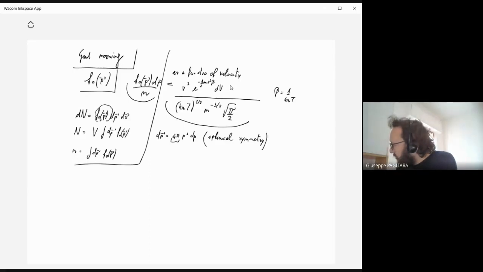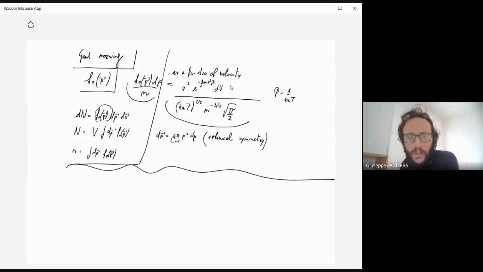Now, what I want to do is present you an exercise which makes use of the Maxwell-Boltzmann distribution for the velocities, but in a slightly different situation. Here we are talking about a system in a volume V with a certain number density and a certain temperature, and we have a distribution of velocity provided by the formula that I just described.